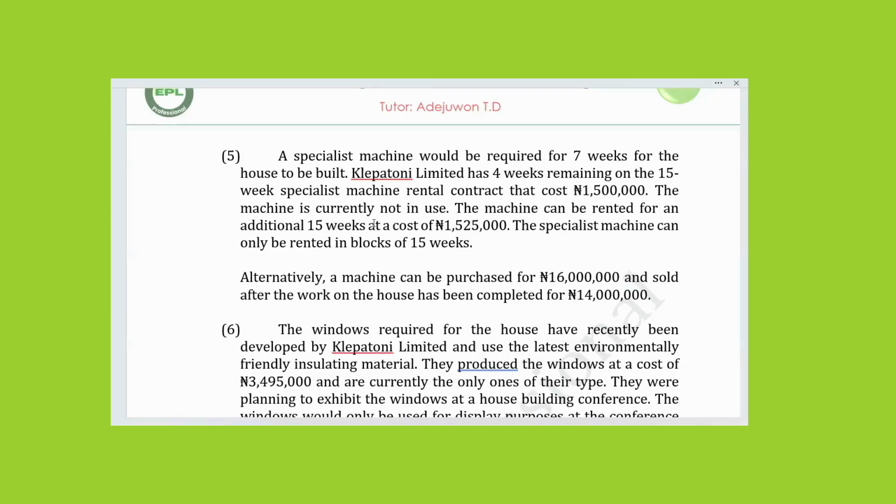And the company currently has 4 weeks remaining on the existing contracts that was rented at 1,500,000. They are also told that the company can rent additional 15 weeks for 1,525,000. So how do we treat this information? Quickly.